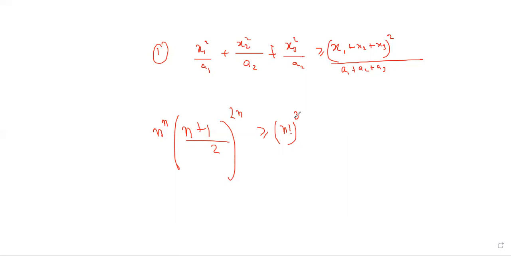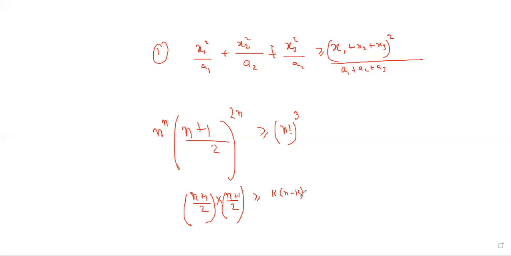So n to the power n, and then we have, if you take n plus 1 by 2 times n plus 1 by 2, now this will be bigger than k times n minus k.